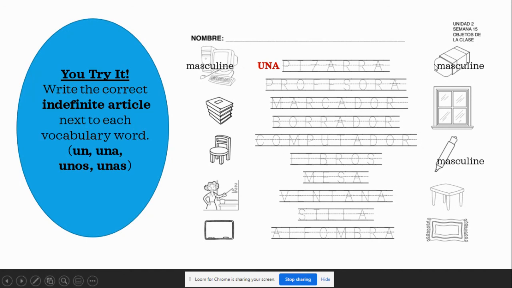Borrador is also masculine, and marcador is also masculine. So keep that in mind, guys. And also, if you'll notice, libros is plural. So keep that in mind as well as you place your indefinite articles in front of your words.